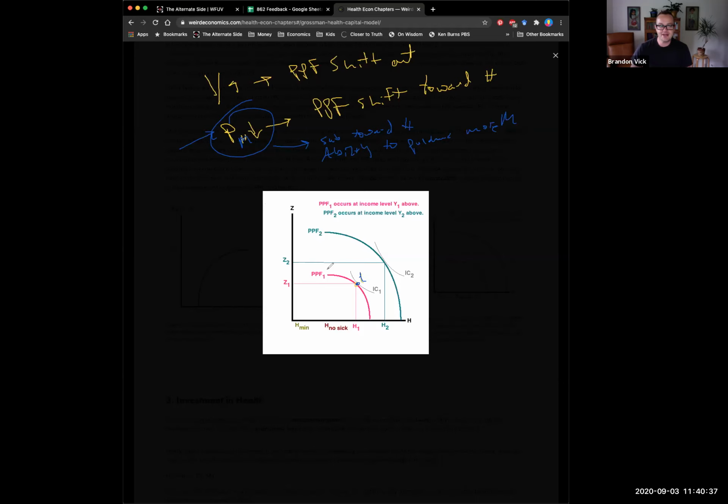So what's going to happen is I have some greater purchasing power overall. Some of it could be shifted if the price of a gym membership goes down. Let's say it was $20 a month, now it goes to $10 a month, and I decide to buy a gym membership. I didn't have one before.